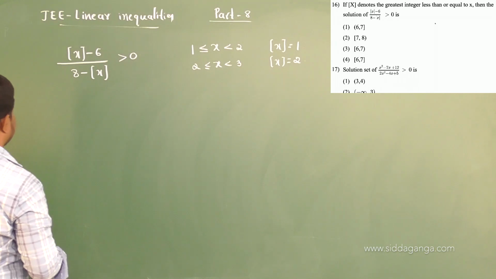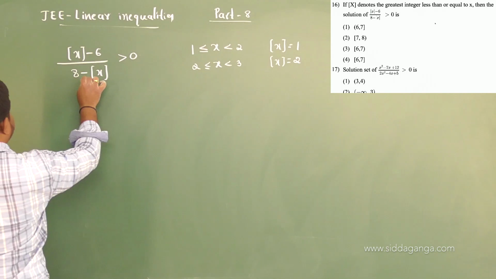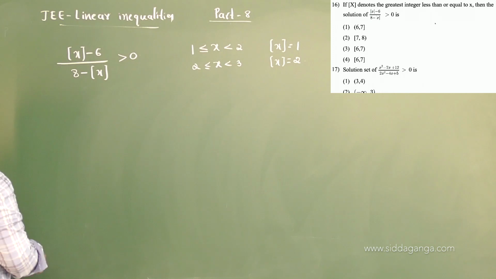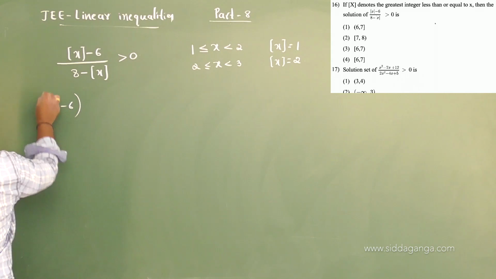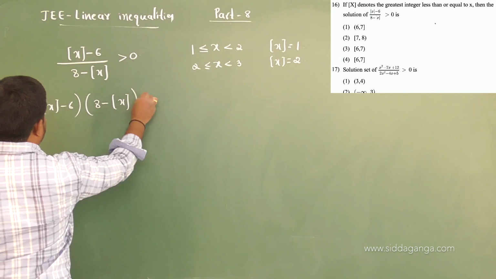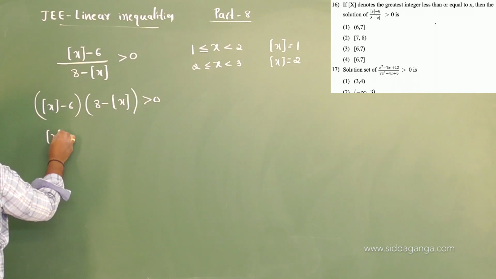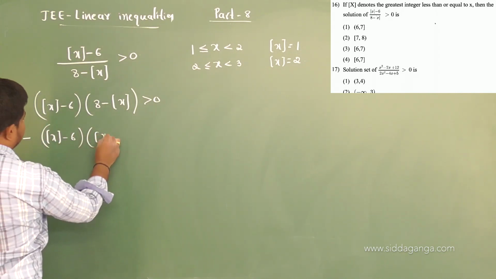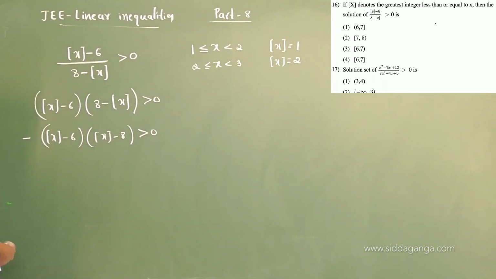In the same way, as I said before, x minus a by x minus b greater than 0 is the same as x minus a into x minus b greater than 0. So I can write this, taking the minus sign outside, as minus of the product greater than 0. I am going to multiply by minus 1 on both sides. You get what?